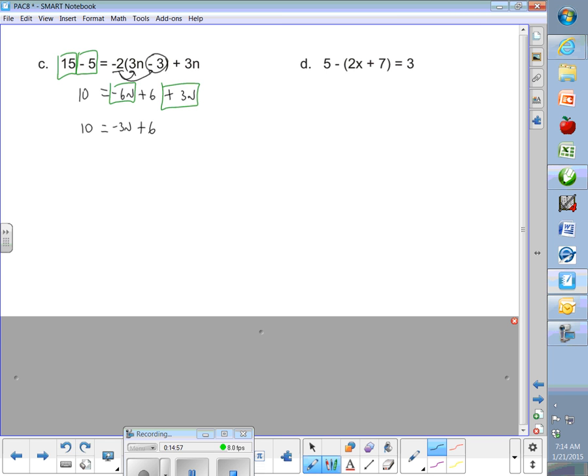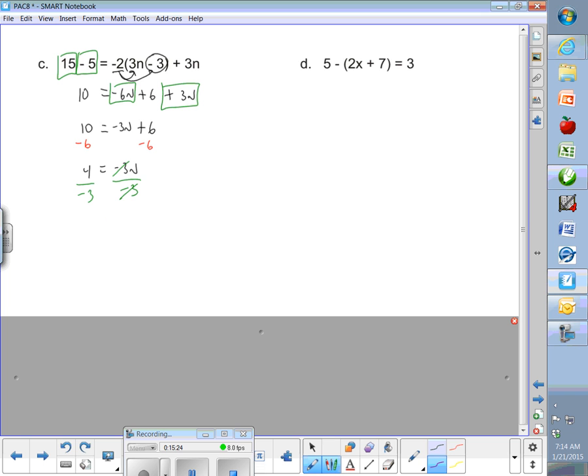Okay, it's an easy problem now. We've done these many times before. Move things added first by adding their opposite. Our variable is on the right. That means we need to move the negative 3 and the 6. Let's move the 6 by adding its opposite to both sides. Let's move the 3 by multiplying by the reciprocal, which in this case is exactly the same as dividing by negative 3.